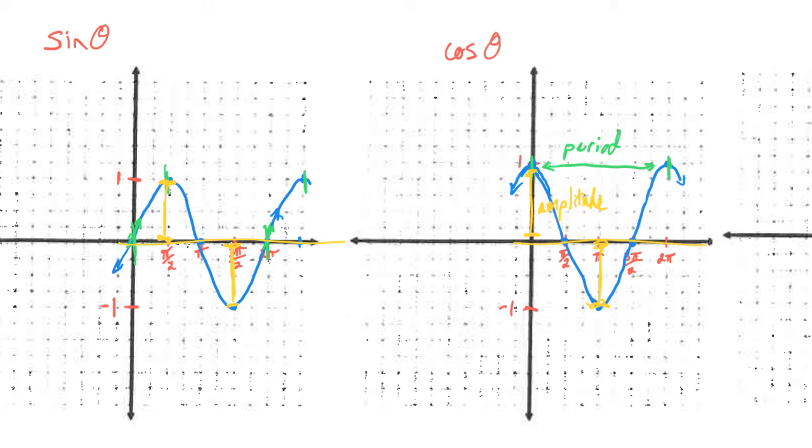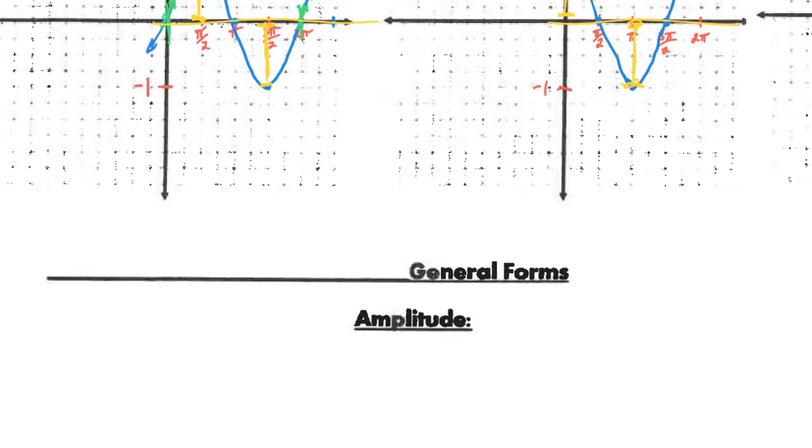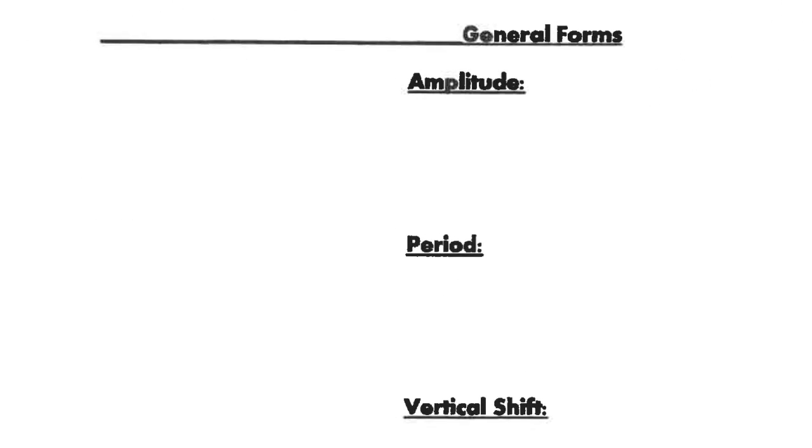So that's the amplitude. We're going to give you some formulas down here. The standard form for the sine and cosine graphs looks like this. We have some number a times the sine of b times the angle theta plus some number c. So that's the standard form for the sine.